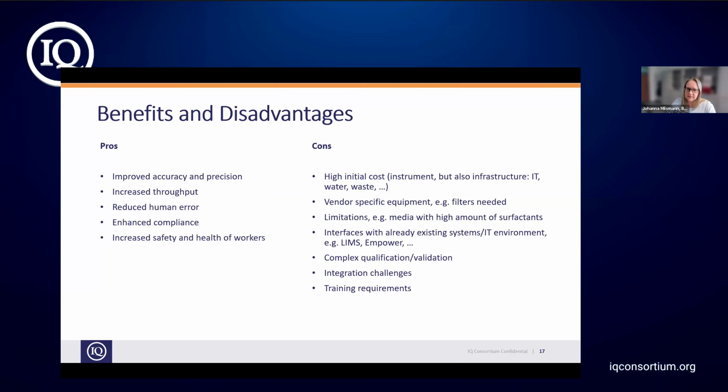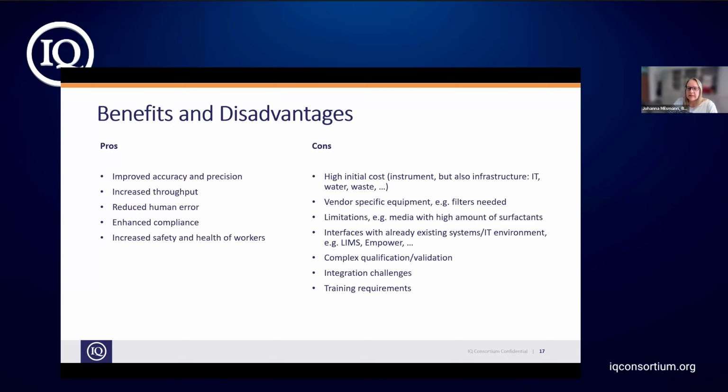And it's not just the device because you also need the correct infrastructure, which means you need access to the correct water and also waste disposal because you would run everything automatically through your system. And also the IT infrastructure is really, really important, not just with respect to the software run on the system, but also to connect them to your system, for example, or to Empower.